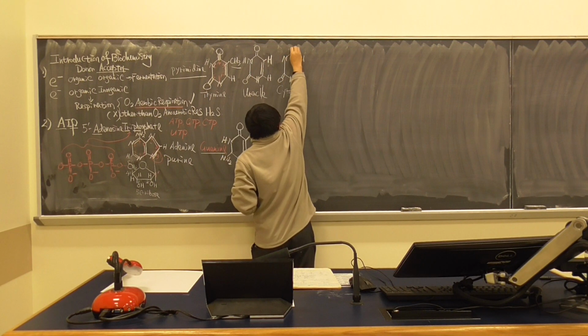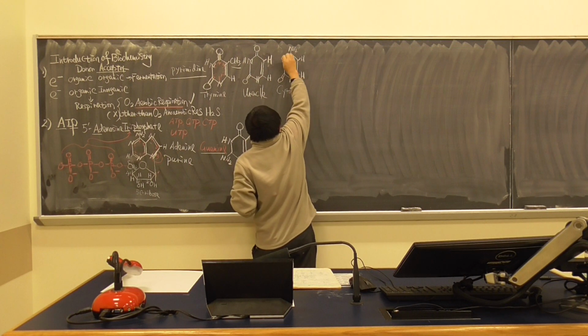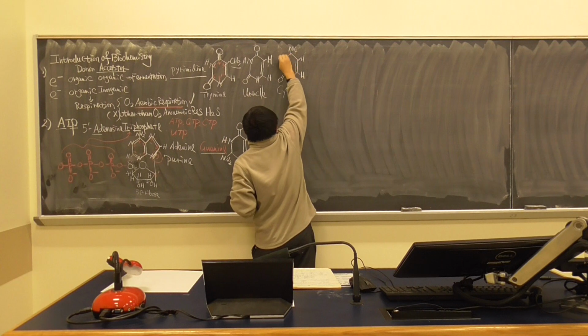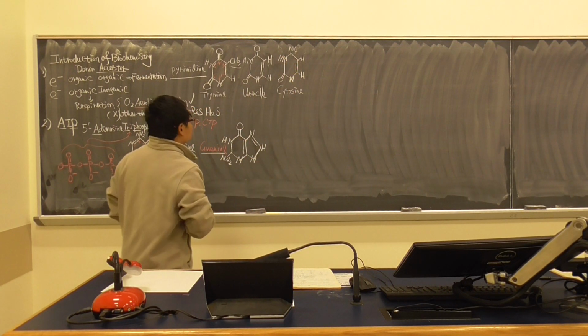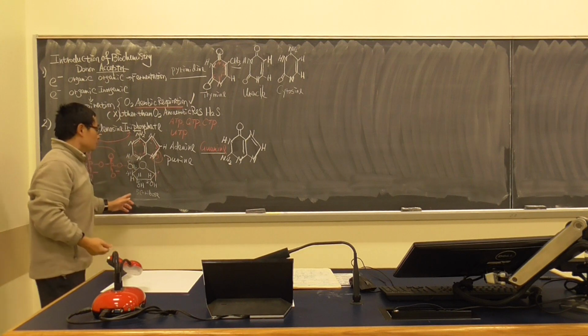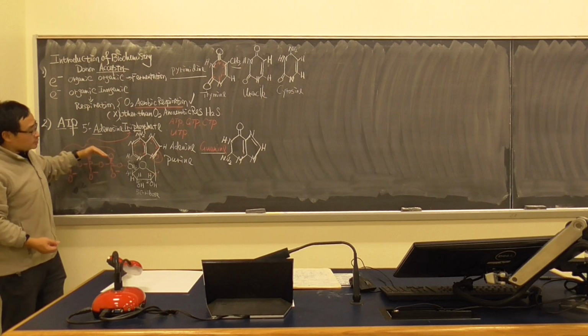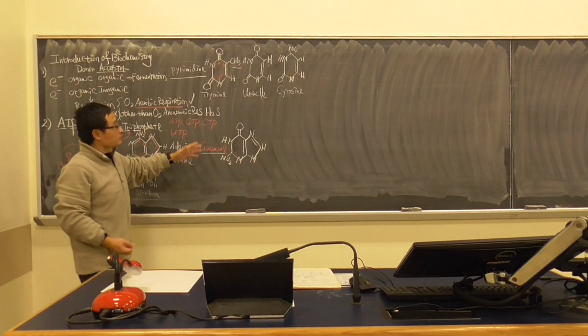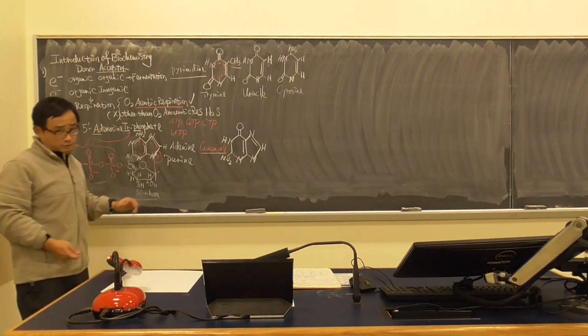You have N, and on the top you have NH2, and this is still N, like that. Okay, that's cytosine. So here we let you know that for this structure, not only ATP is an energy currency, guanine, uracil, and cytosine nucleotides could all be an energy currency.